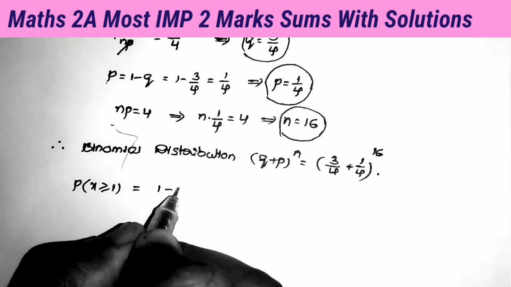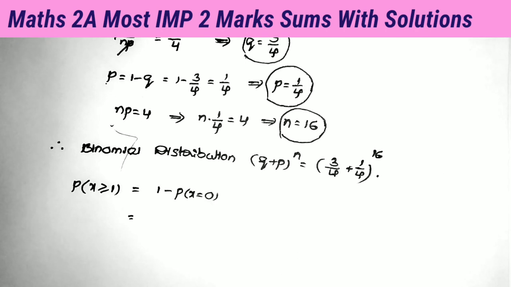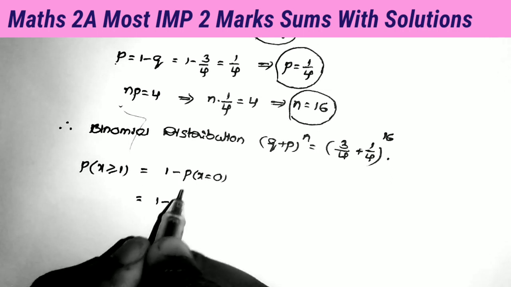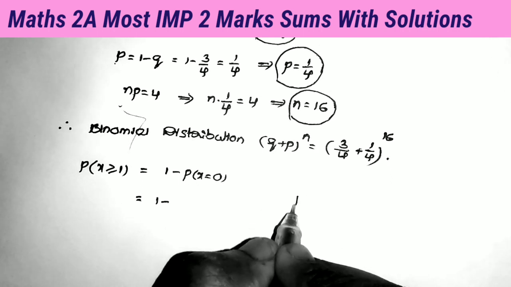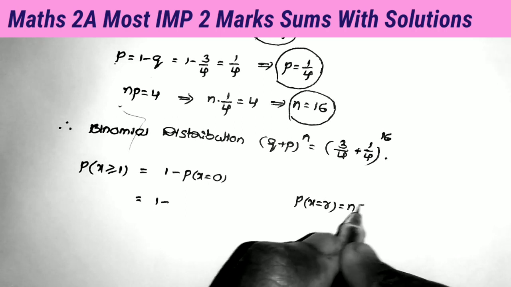P of x greater than or equal to 1 is equal to 1 minus P of x is equal to 0. What is the formula for P of x is equal to R?